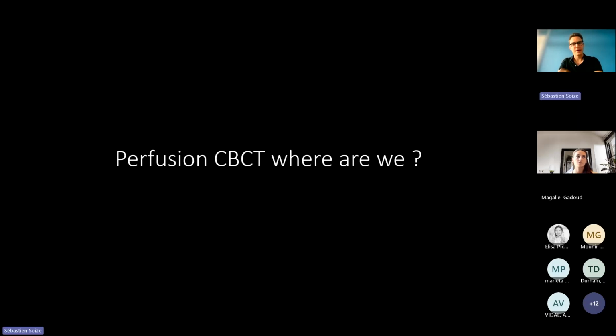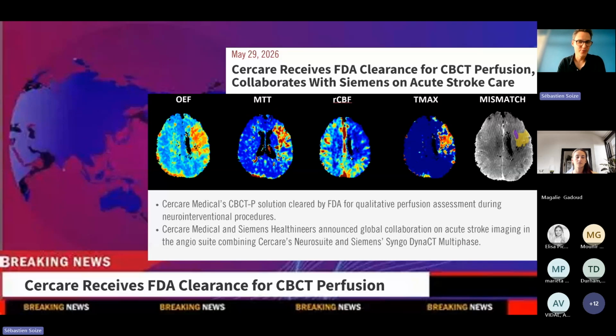So actually, let's see where we are, and we are here. The news is the CERCare solution has been cleared by the FDA using only the Siemens syncho dynamic multiphase. It's reliable and useful to do perfusion imaging, and it's largely okay now with a study with 13 readers that has permitted this clearance.